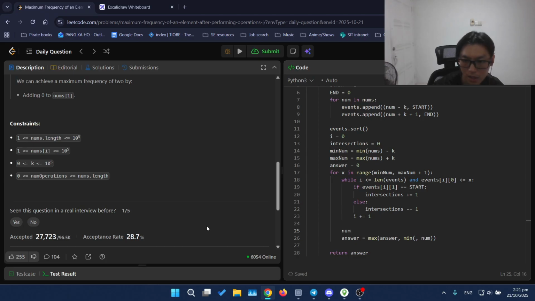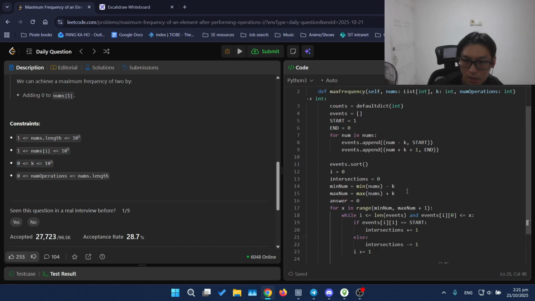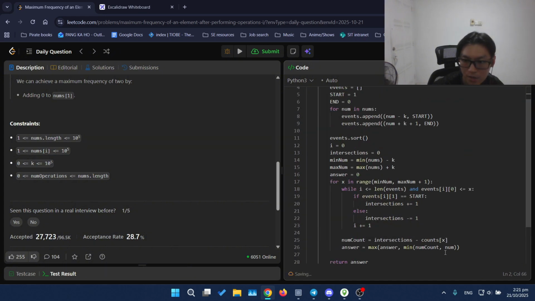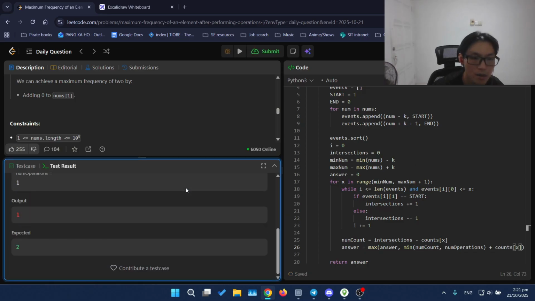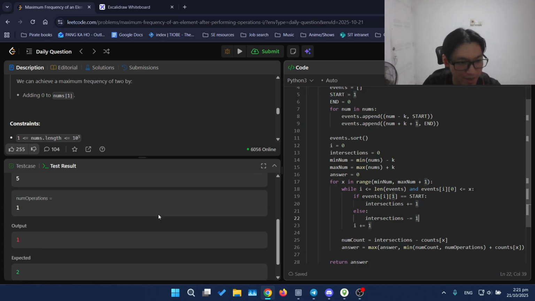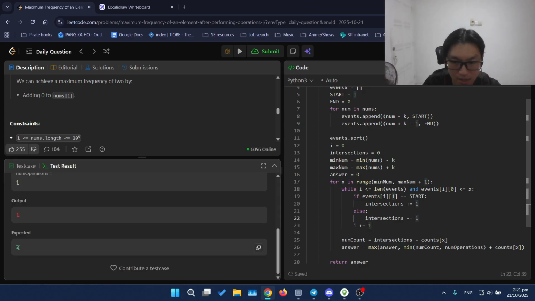So say num counts is equal to intersection minus counts of x, right? Yep. So it's the min of num count and the min of num operations plus counts of x. Okay. Let's see what's wrong. Answer is 2.